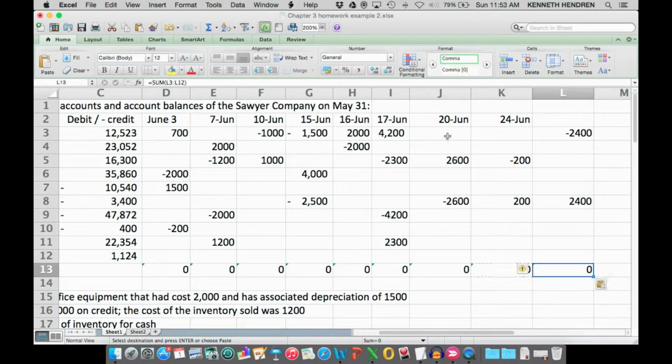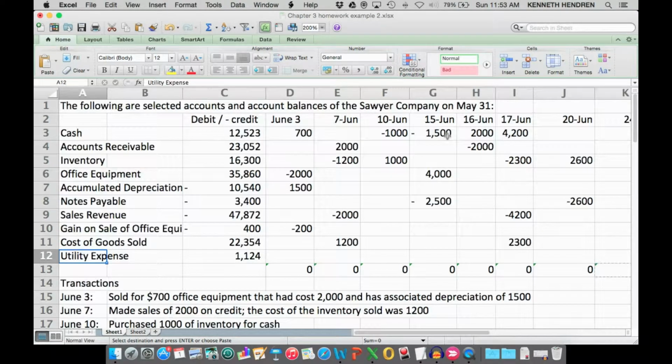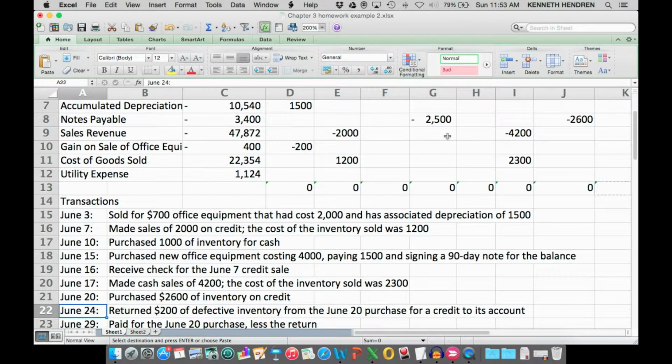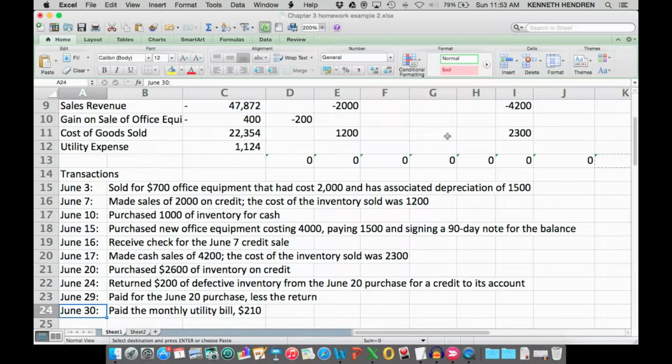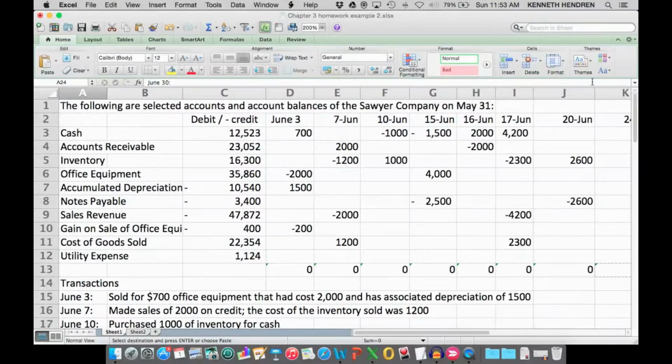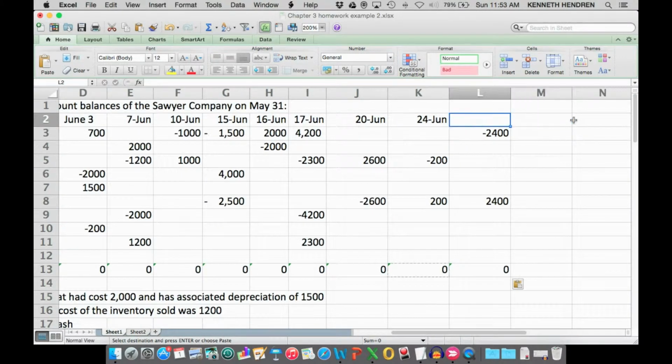Our payable goes down because payables, remember, always have a credit negative balance, and so when we put a positive debit there, our payable goes down, right? That was June 29th.